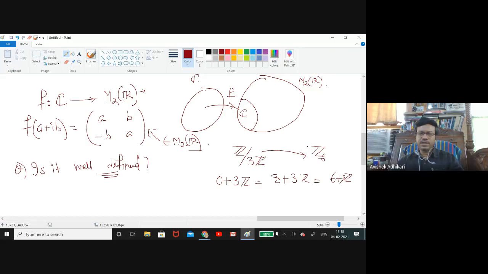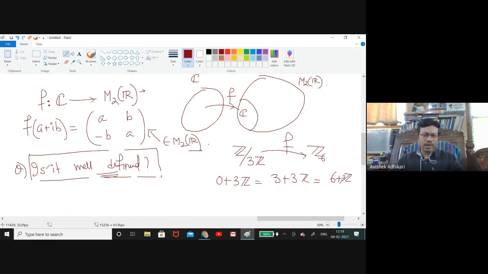For example, in Z6, their representation given by some f may not satisfy the property f(a) should be equal to f(b). But here there is no confusion, so you don't need to check whether that is well defined or not. But you need to think more deeply about when we should go for well-definedness and when not.